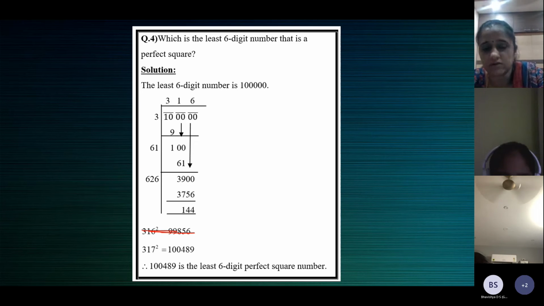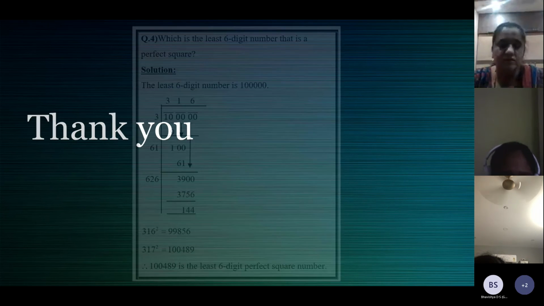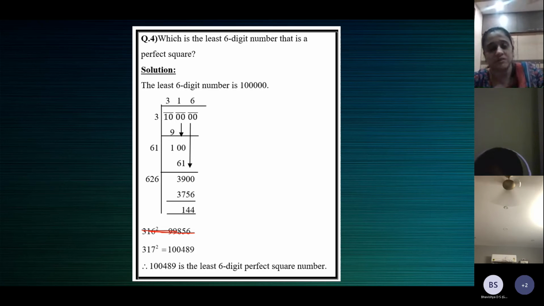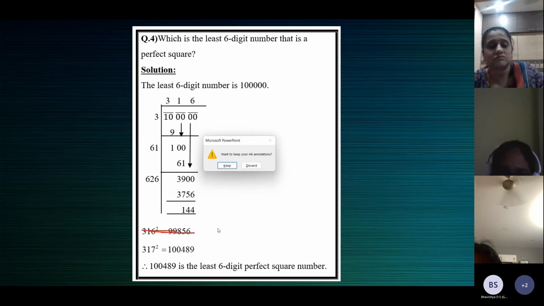Four sums, all 4 different types. Finished, children? Done, ma'am. Okay. So next class, you will be taking up a test based on these questions. All right? Yes, ma'am.